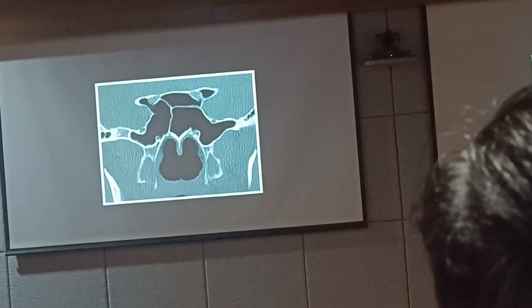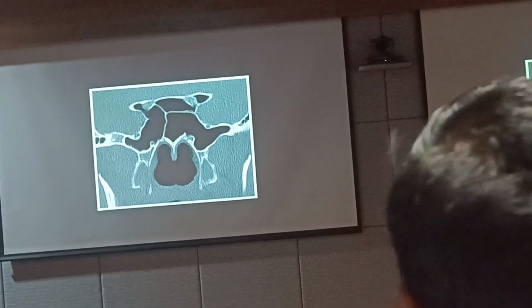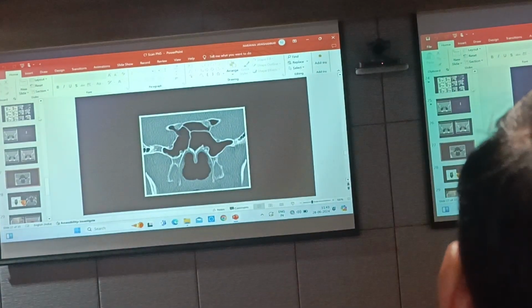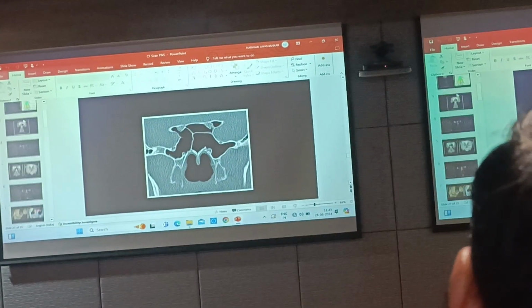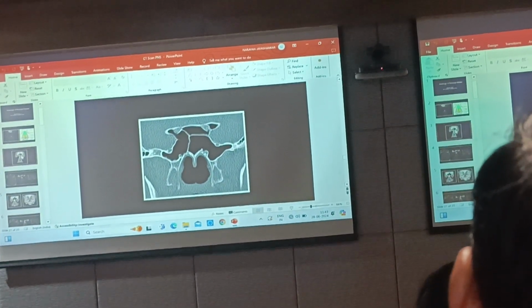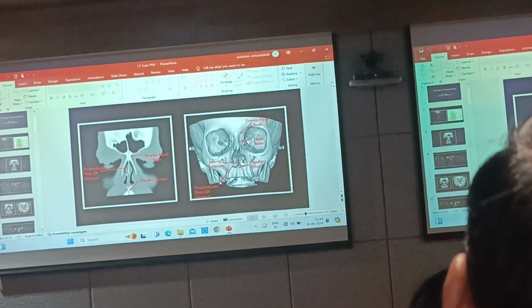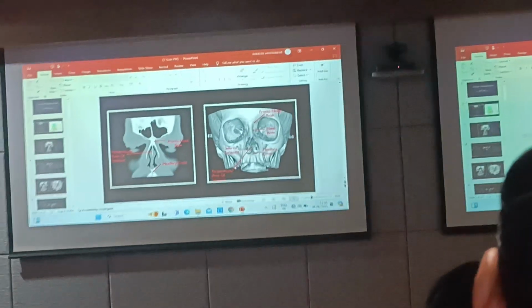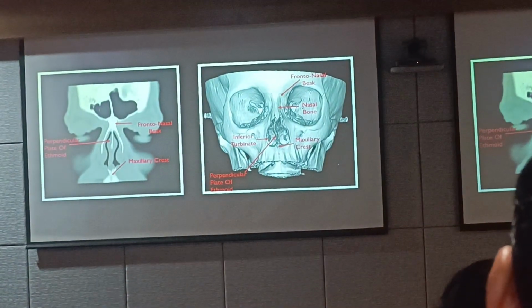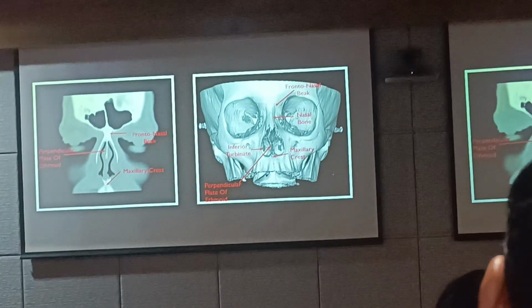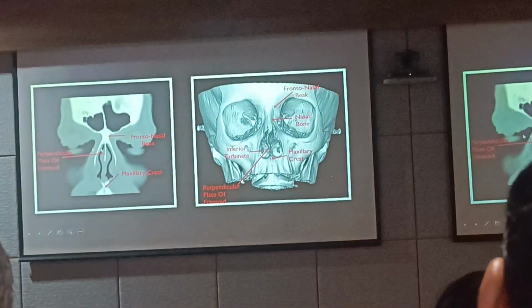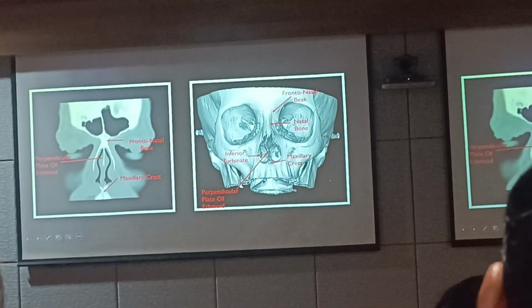Frontal beak in CT scan. I showed you that in the beginning, no? Showed you that. So this is the frontal beak here. Can you see this here? This thick bone here is the frontal beak.